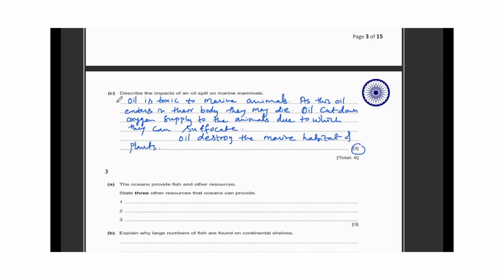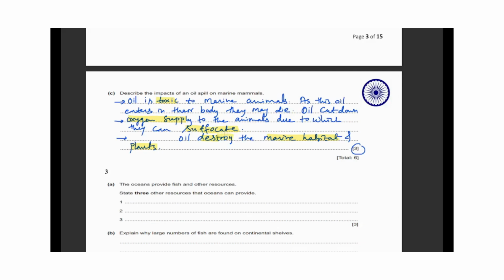So we have 3 points: first one is toxic, second one, the oxygen supply will stop and suffocation will be there, and the marine habitat will get destroyed, including plants. So these are the keywords that the examiner would look for, for 3 marks.